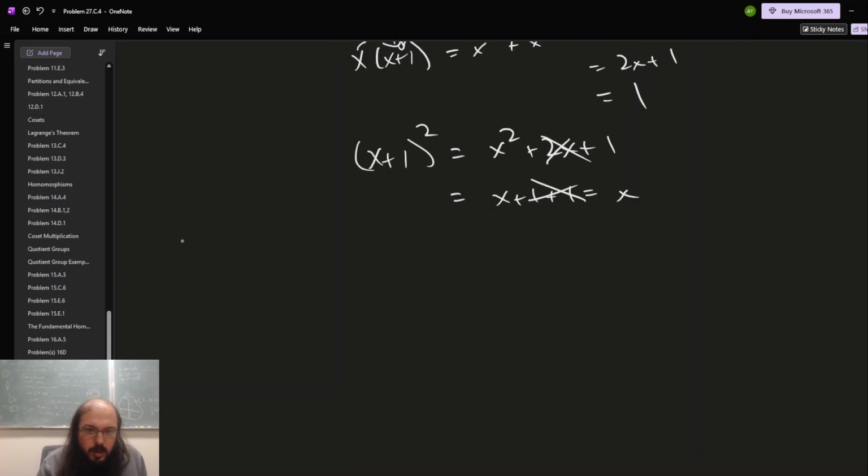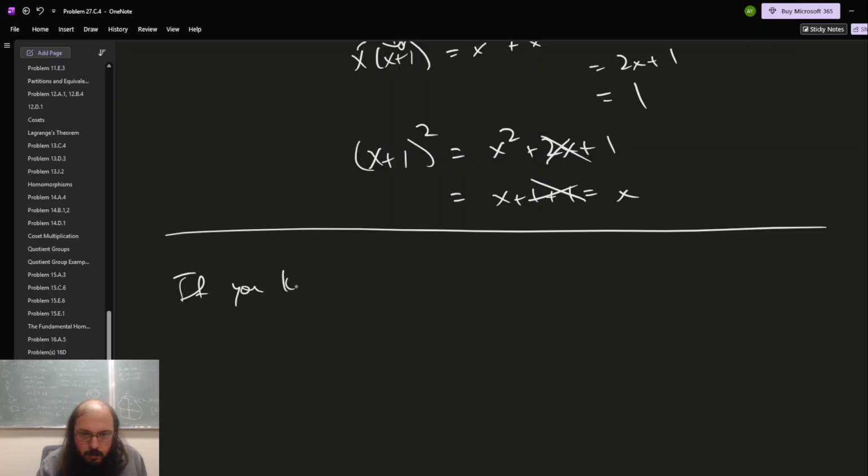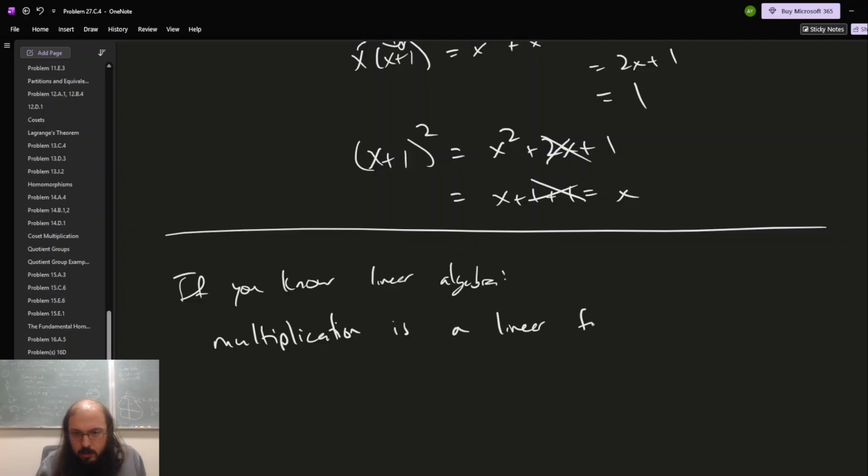For those of you who know linear algebra, then you know that multiplication, because it's distributive, multiplication is a linear function.